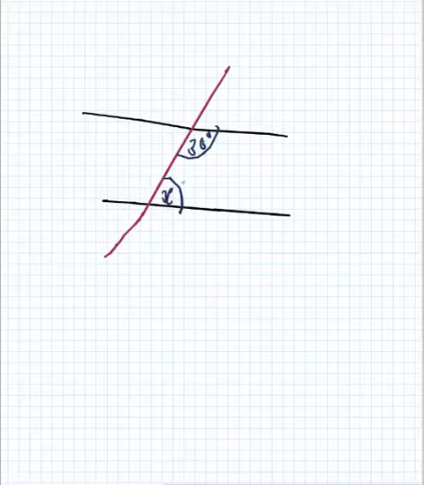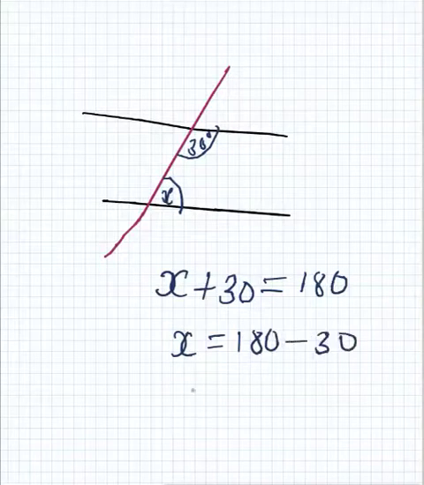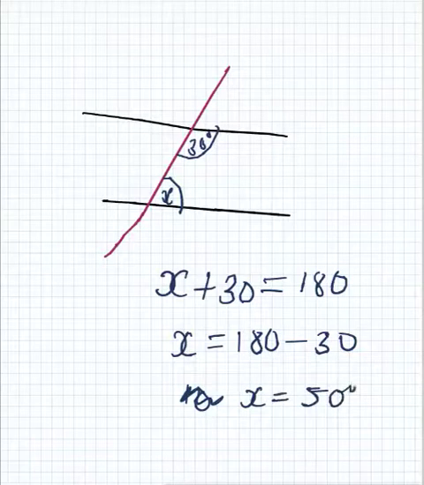So we can see they're on the same side, so yes, they are cointerior. But we don't say x equals 30. What we say is, we know that x plus 30 add up to 180, and we just go x equals 180 minus 30. So x equals 150 degrees. So this angle over here would be 150 degrees. And that's it.